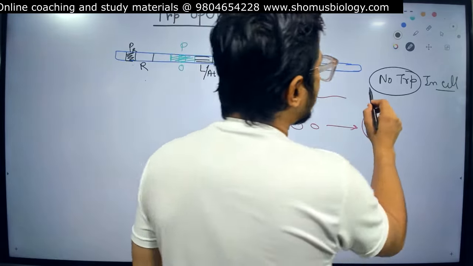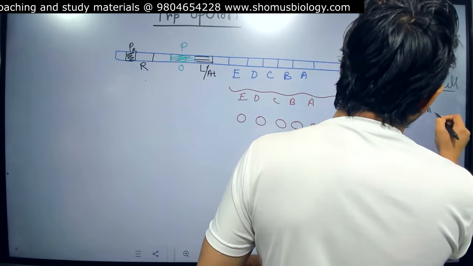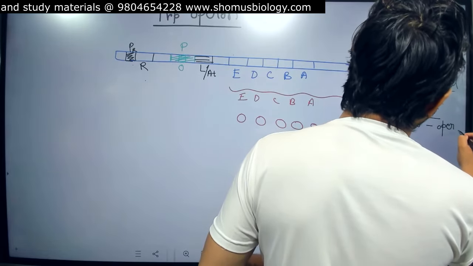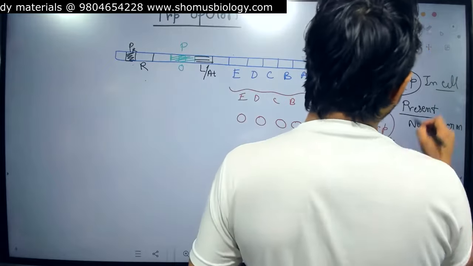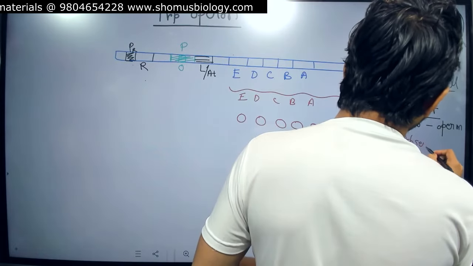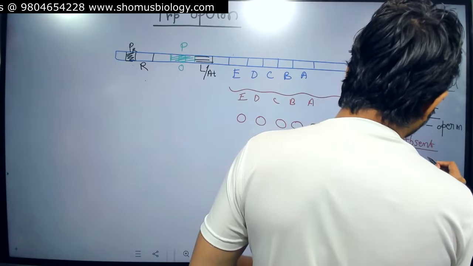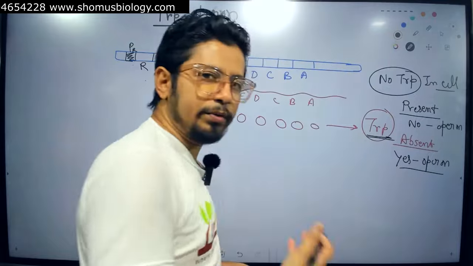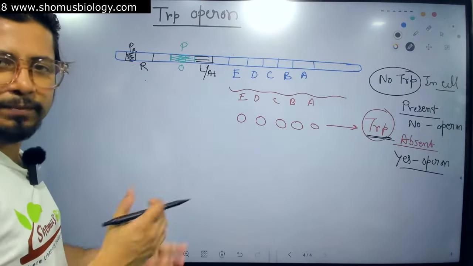If tryptophan is already present in the environment, then there is no point of this operon, no point of tryptophan production, because it is already there. But if the tryptophan is absent in the environment, then it makes sense to turn on the operon to produce more tryptophan so that you can utilize it, right? That's how simple it is.